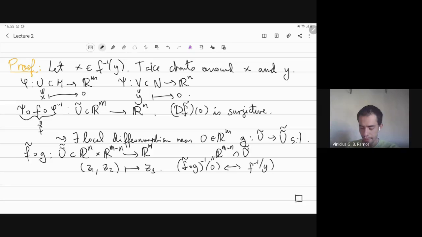So this is a neighborhood of x in the pre-image of y. And then the map that goes from here to here is the chart.